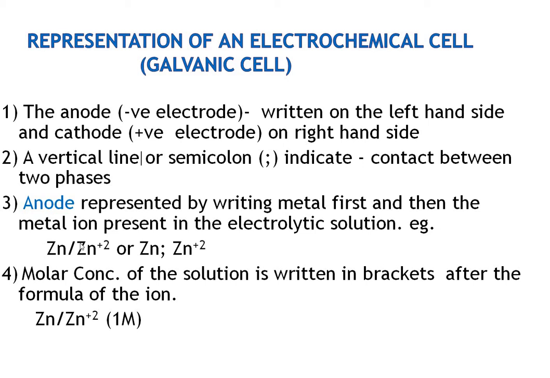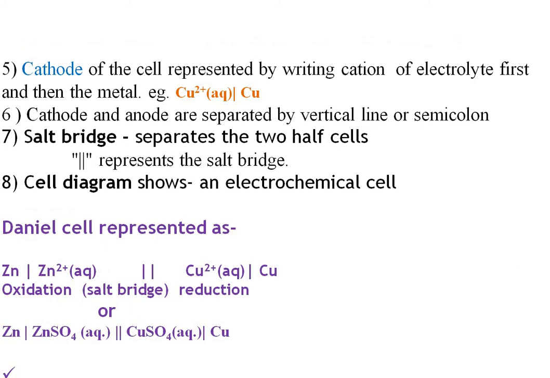In the anode representation, first we write the metal and then the metal ion. These two phases are separated by the vertical line or the semicolon. If molar concentration is given, then we write it in brackets as per the requirement.